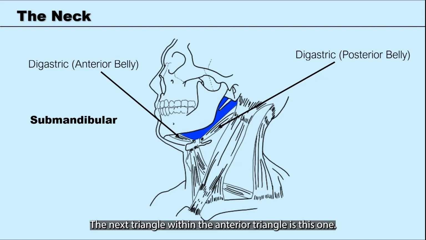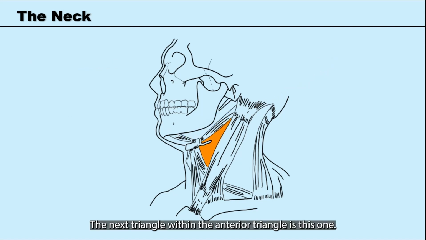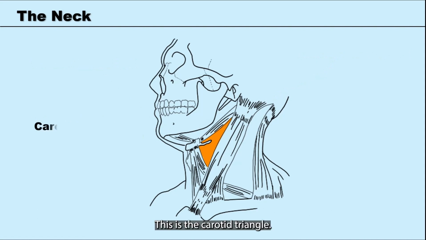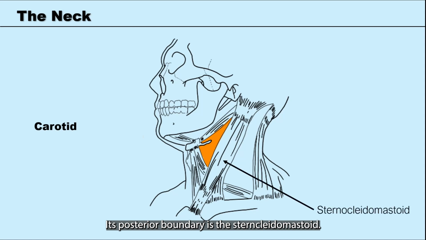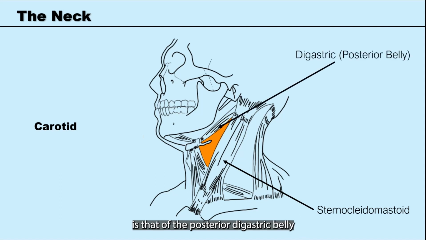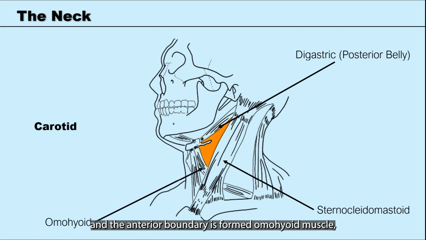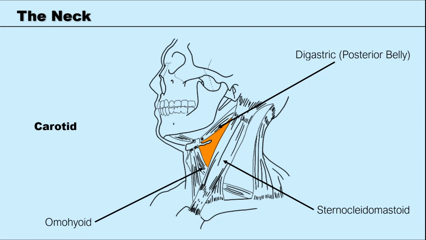The next triangle within the anterior triangle is this one. This is the carotid triangle. Its posterior boundary is the sternocleidomastoid. The superior boundary is that of the posterior digastric belly, and the anterior boundary is formed from the omohyoid muscle.